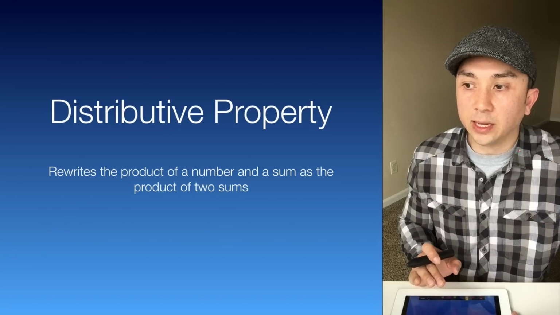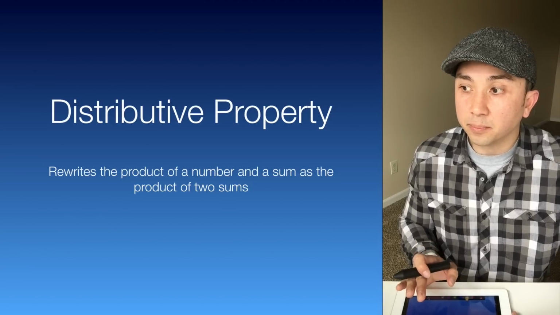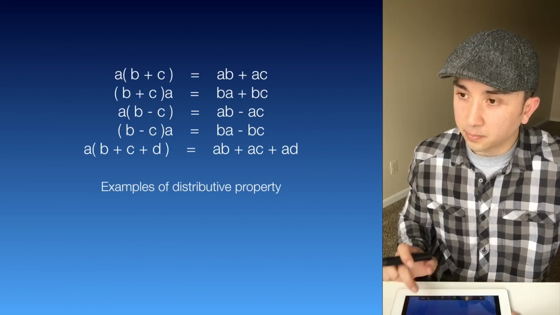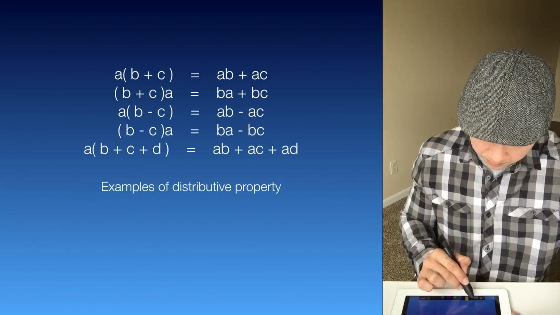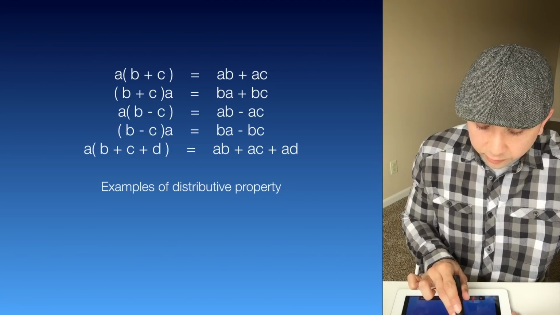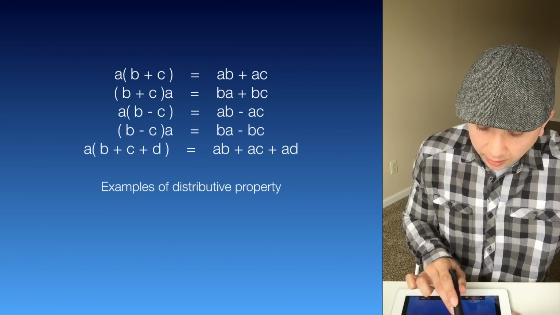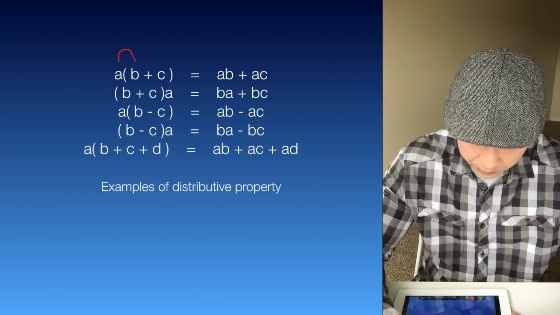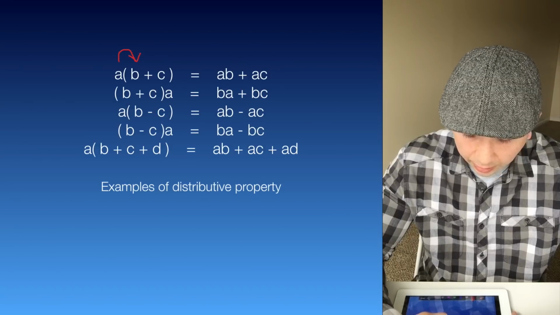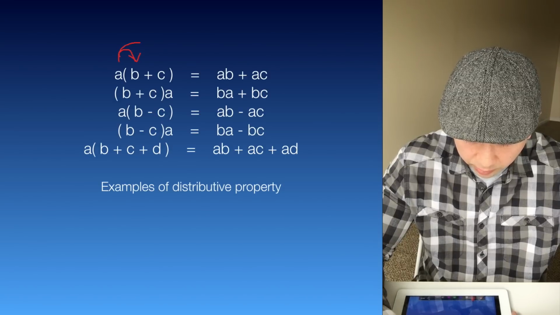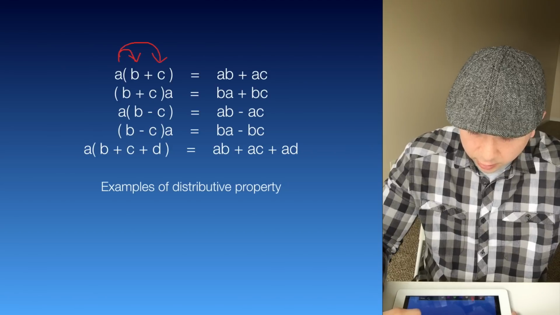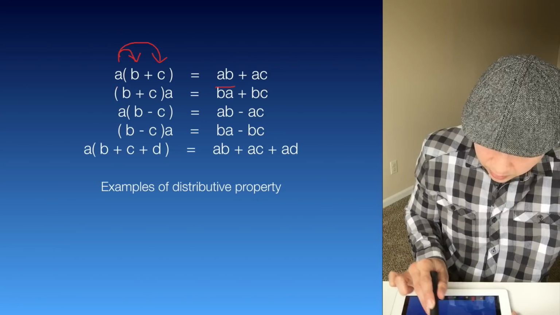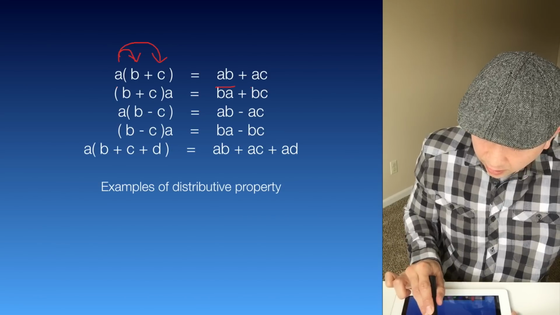Now, the distributive property rewrites the product of a number and a sum as the sum of two products. So here, for example, we have b plus c times a. Now using the distributive property, we distribute a to b, and then we distribute a to c. And so when we do that, we will have a times b, and then a times c.